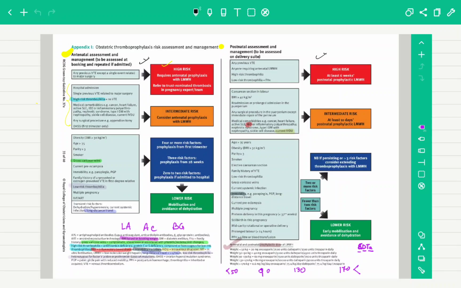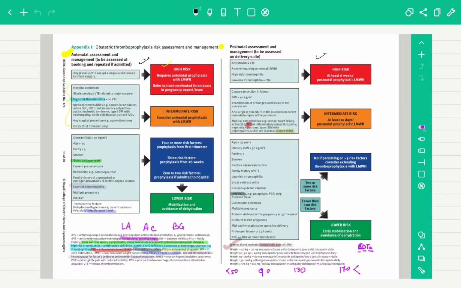When the patient comes for booking or when she is admitted, the high risk or red zone is a patient who has a history of thromboembolism. So this is very easy to remember: any previous history of venous thromboembolism.